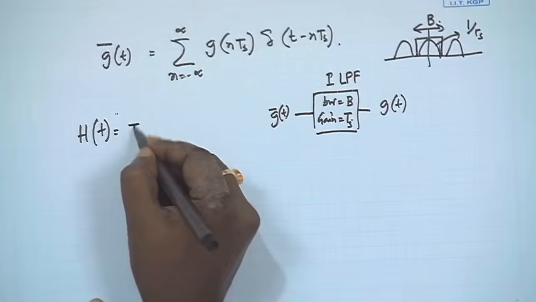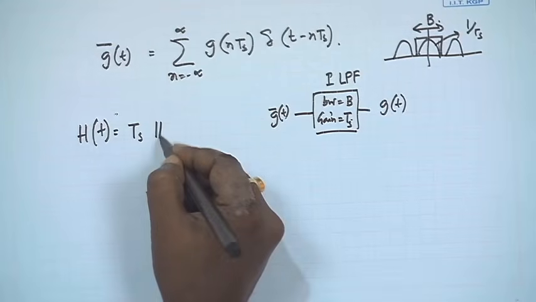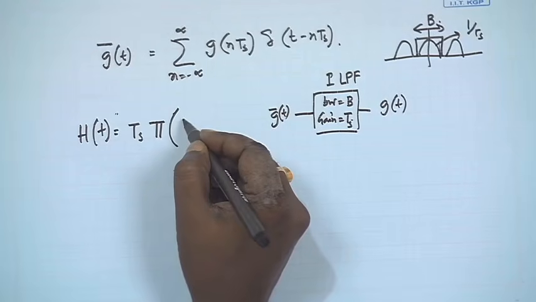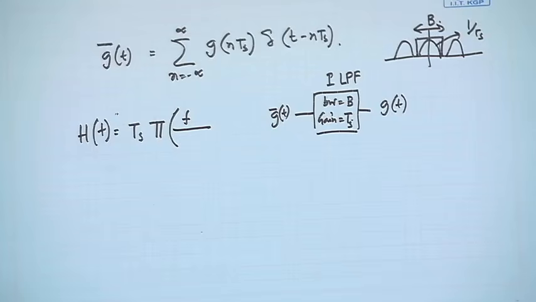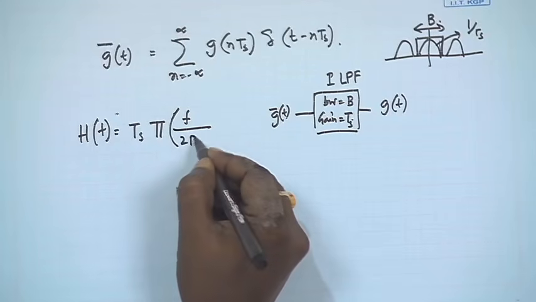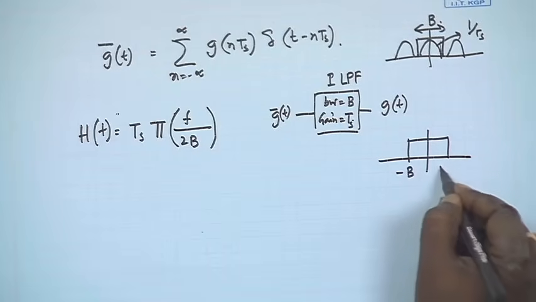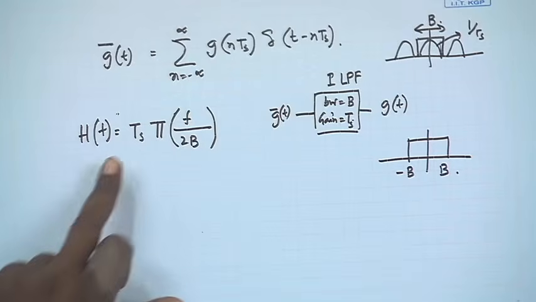So, what is my H(f) then? It is an ideal low pass filter which has a gain of Ts, and it is a box function. If we represent the box function by pi, it must be a box function of frequency f with a box width of 2B, because it should look like this from minus B to plus B. So, it is a box of width 2B with a gain Ts.